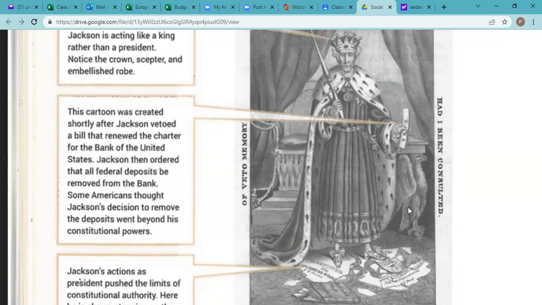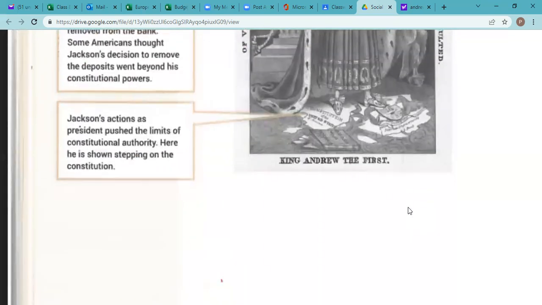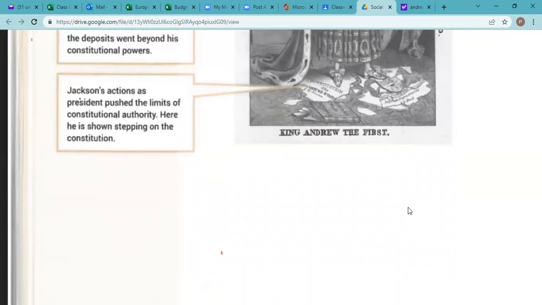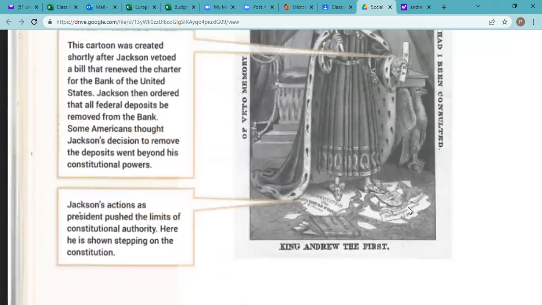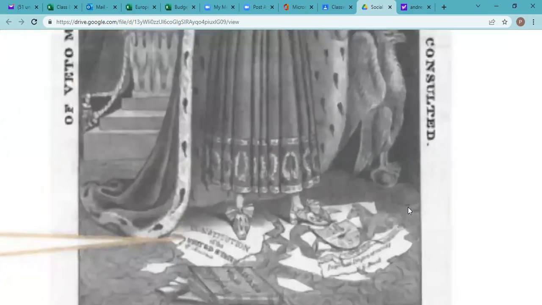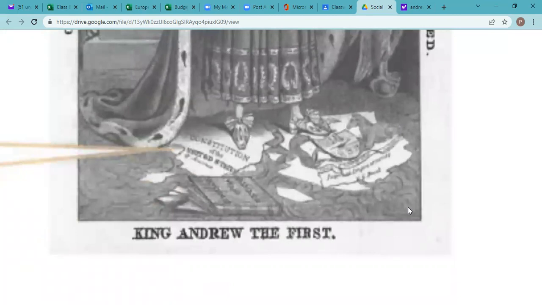Bring impeachment charges against them. All right. Also, it says right here, Jackson's actions as president pushed the limits of constitutional authority. Here, he is shown stepping on the Constitution. Woo! So that's a pretty potent cartoon there. Yeah, he's dressed up as a king and stepping on the Constitution. Woo! Not good.